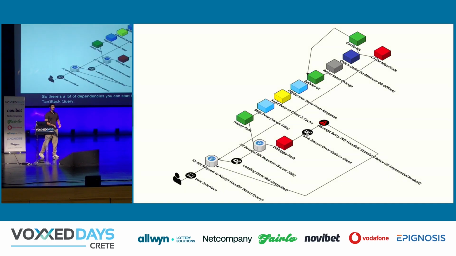And so let's involve TanStack Query in this architectural diagram and see how it evolves. Now we're still making that one API request to the Next.js handler. This time it's React Query that's being involved in that request, so it's managing it. We have a loading state. Instead of this being a loading state that we control, in a useEffect, you may start the loading at the beginning, make the fetch, and then set the loading defaults.